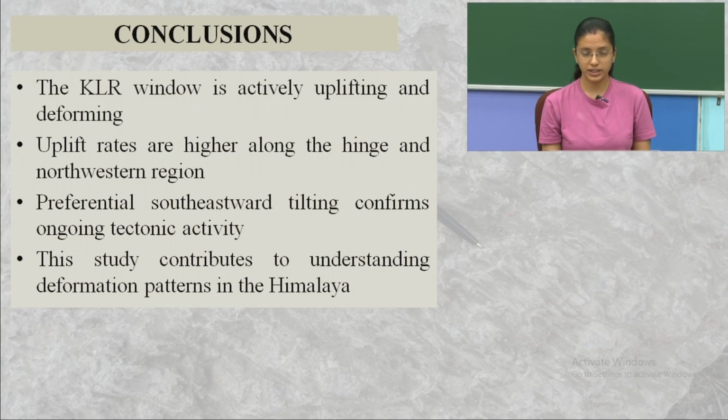Along with geomorphic data, seismic data also confirms that there is some tectonic activity and more stress development in the hinge zone and in the northwestern part of this Kullu-Larji-Rampur window. Also, AF values and transverse topography symmetry factor values indicate the Kullu-Larji-Rampur window to be down tilting in the southeast direction, thus more actively uplifting in its northwestern part.